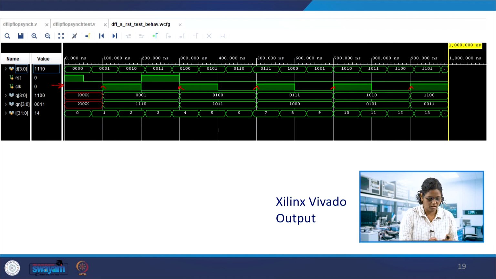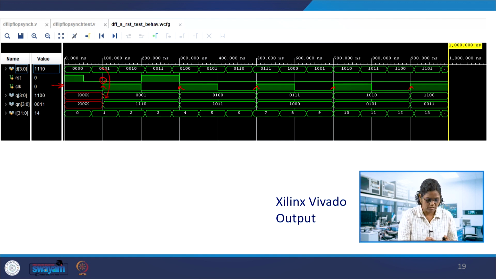And the clock here, you can see that even though reset is 1 and the data is not 0, you can see x x x x x x. So it checks at the clock edge, and if reset is 0, then the data would be passed to here. If reset is 1 at the clock edge, then Q will be 0 0. Okay, so 0 0 1 at this clock edge, and this is synchronous reset.